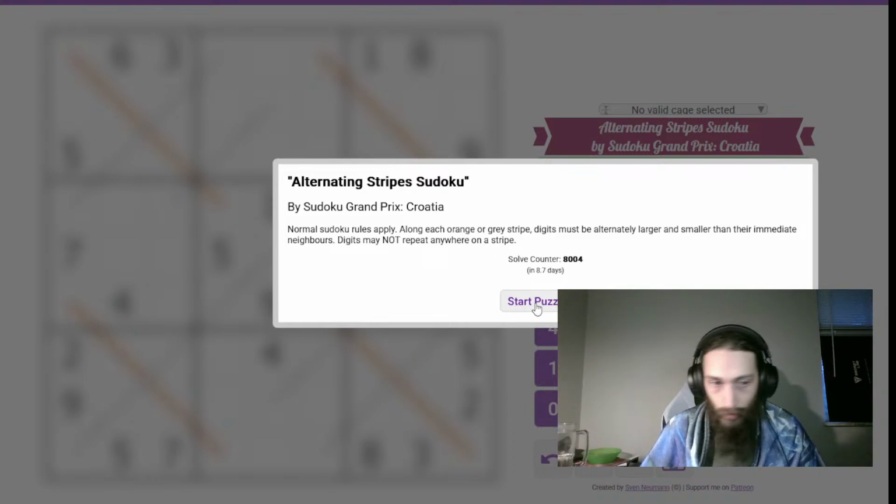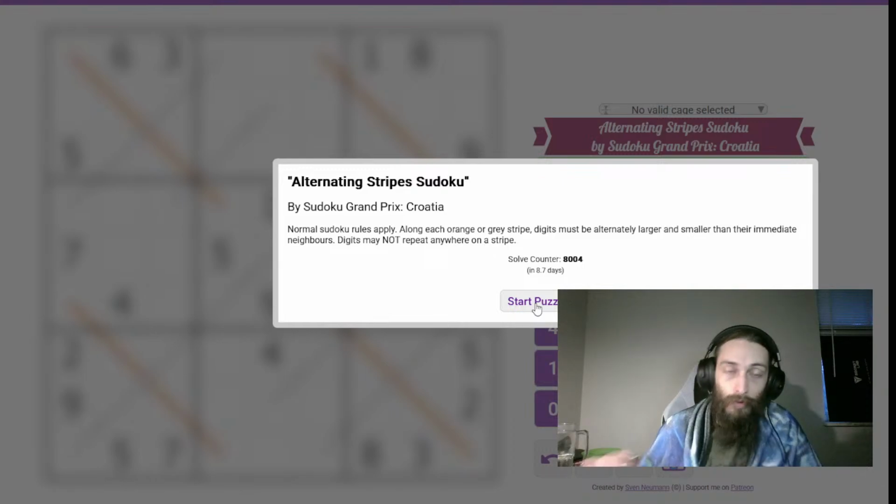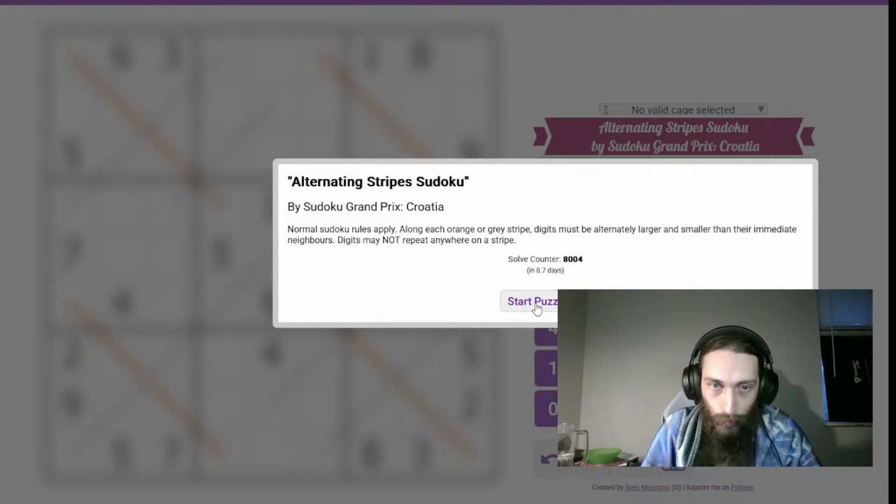Alright. Then, first puzzle for today, Alternating Stripes Sudoku by Sudoku Grand Prix, Croatia. Normal Sudoku rules apply. Along each orange or gray stripe, digits must be alternatingly larger and smaller than their immediate neighbors.